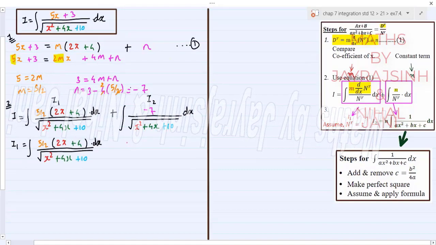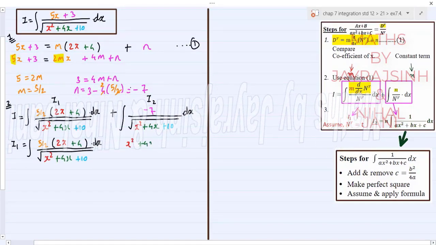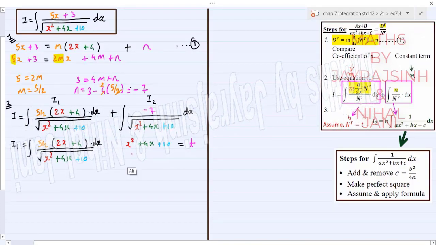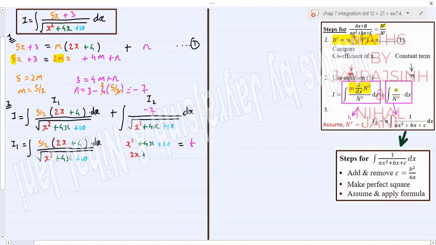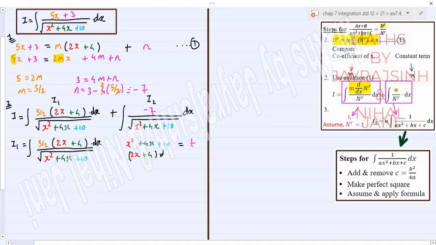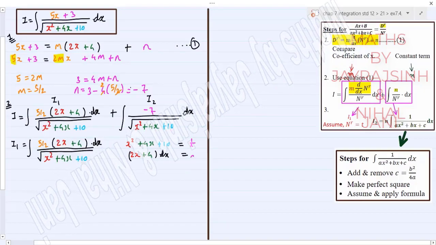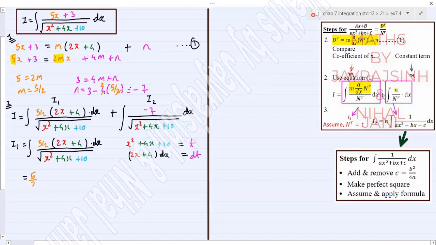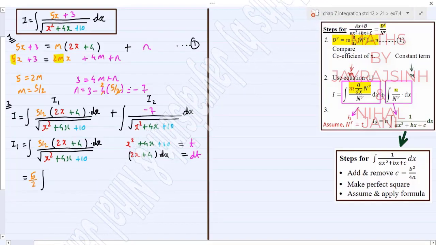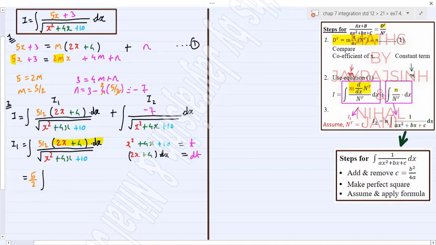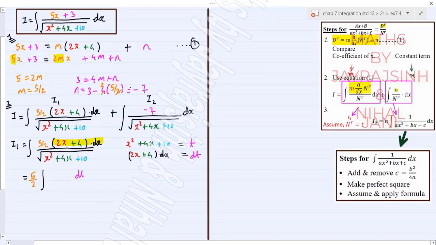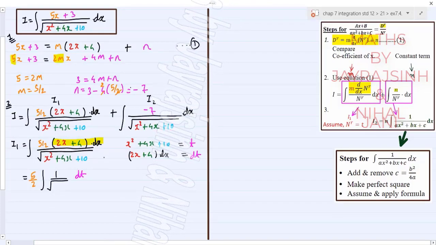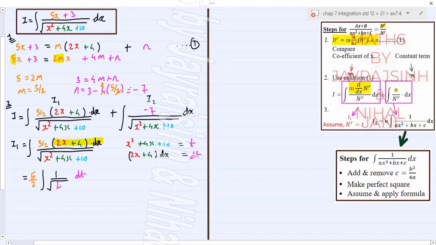And to integrate I1, we have to assume x square plus 4x plus 10 is equal to t. So we will get (2x plus 4) dx is equal to dt. So I1 will be modified as 5 by 2 will be given as it is, integration of 2x plus 4 dx will become dt, and 1 upon under root of x square plus 4x plus 10 will be t.